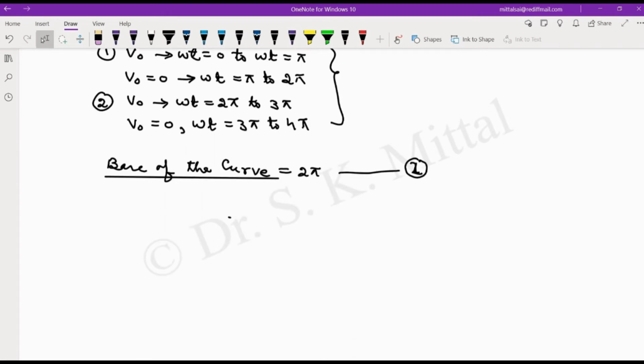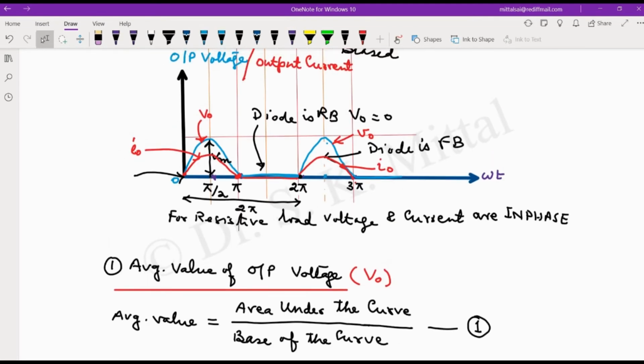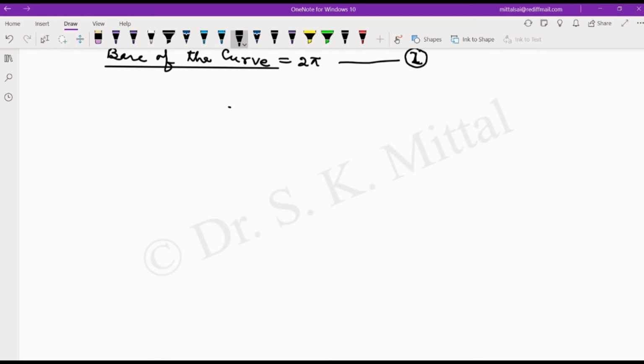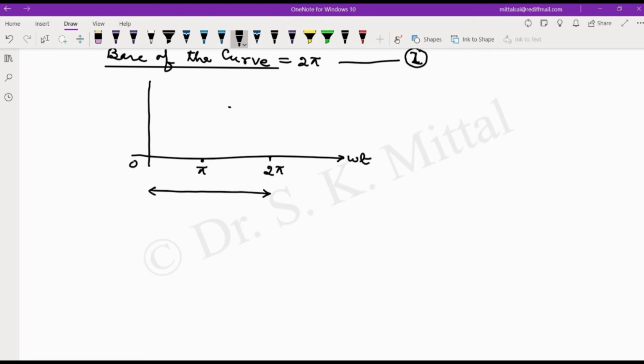Now, to calculate the area under the curve, we will see the pattern of output voltage from omega t equal to 0 to 2 pi, because repetition of the waveform takes place after 2 pi.